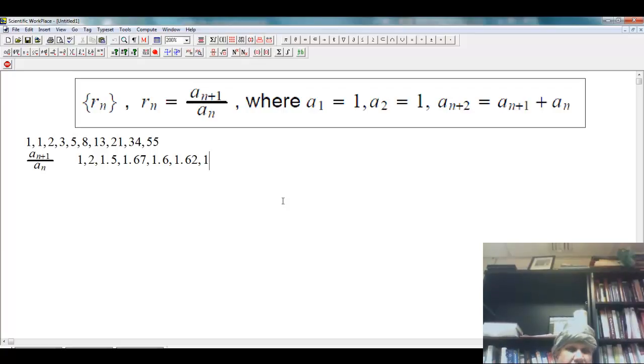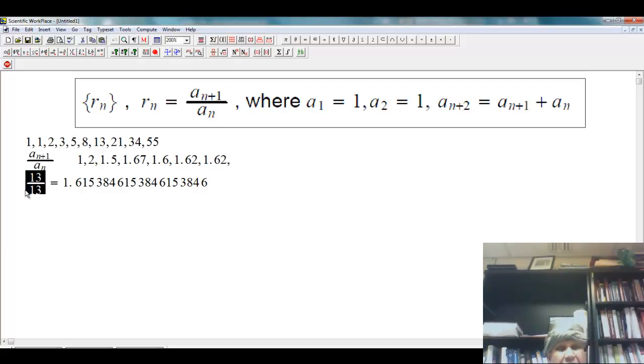1 over 1 is 1 right here. 2 over 1 is 2. 3 over 2 is 1.5. And 5 over 3 is about 1.67. So we are doing 1 by 1, 2 by 1, 3 by 2, 5 by 3, 8 by 5. 8 over 5 would be 1.6.